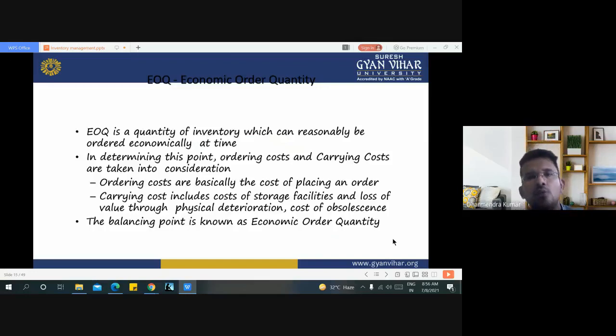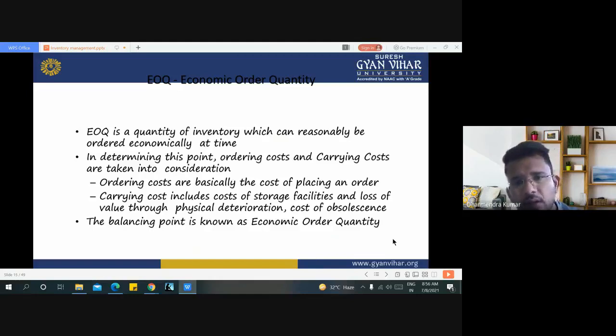Like EOQ, economic order quantity, we have seen earlier that EOQ is a quantity of inventory which can reasonably be ordered economically at a time. In determining this point, ordering cost and carrying cost are taken into consideration.